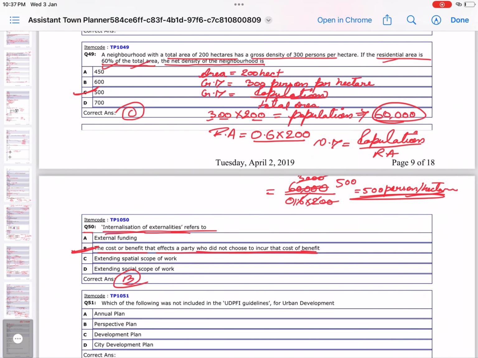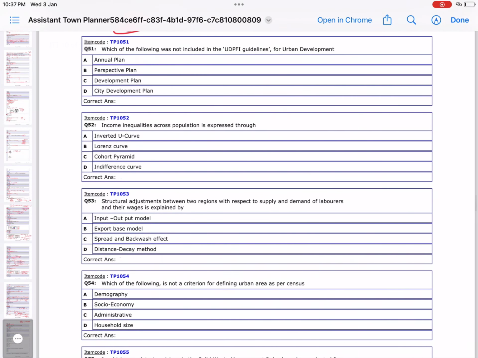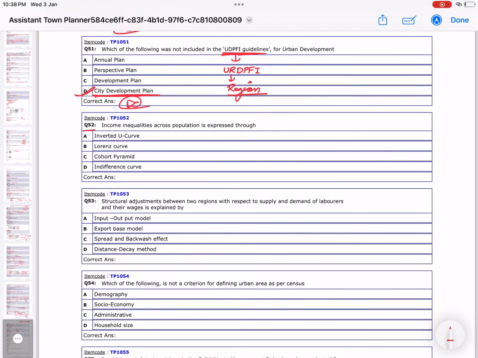Which of the following was not included in UDPFI guidelines for urban development? Before it was known as UDPFI guidelines, now it is known as URDPFI guidelines. R stands for region, and city development plan is not included. D. Question number 52. Income inequalities across population is expressed through the Lorenz curve.